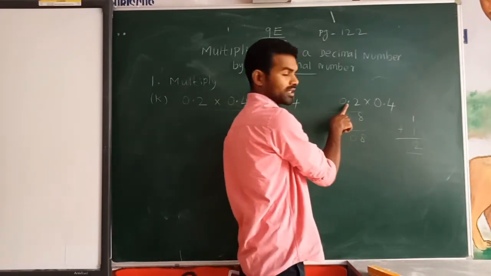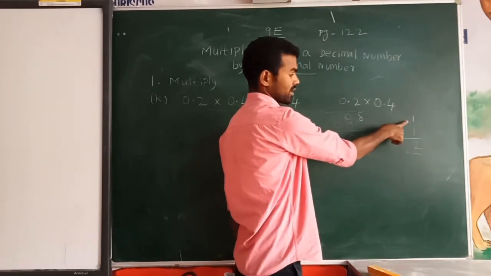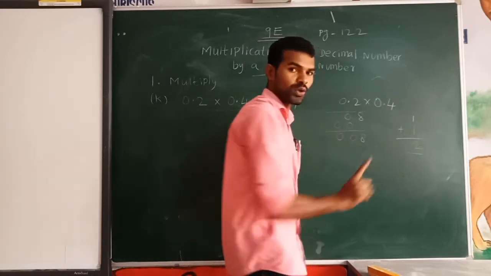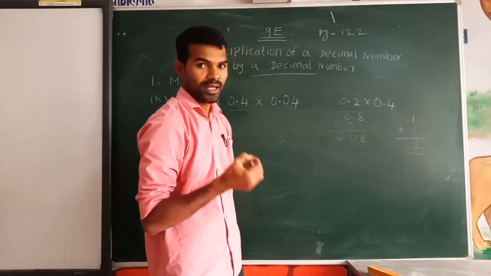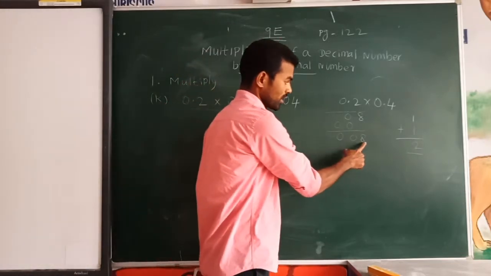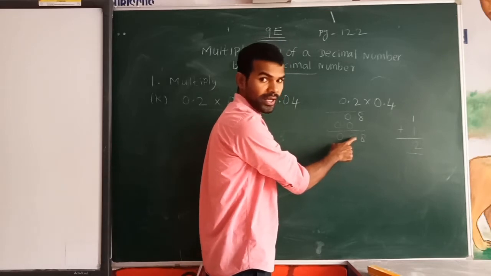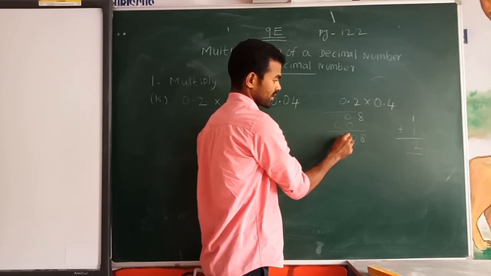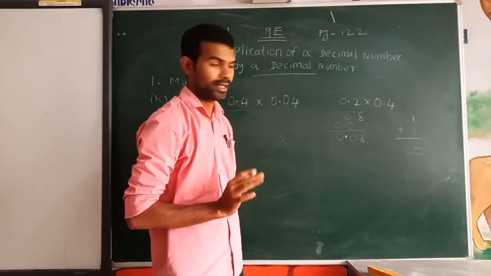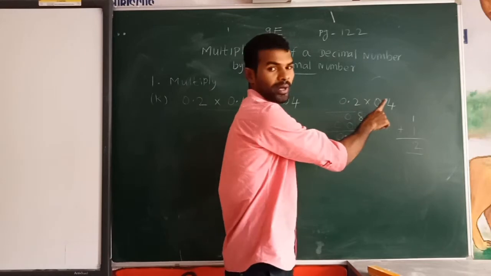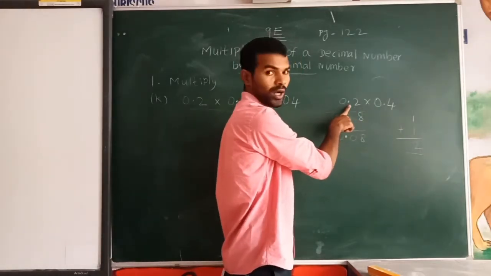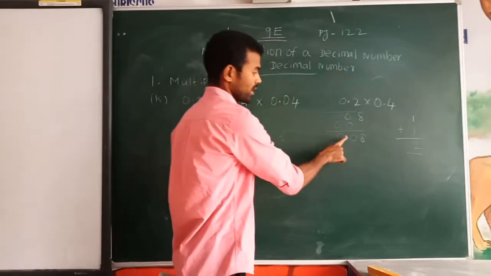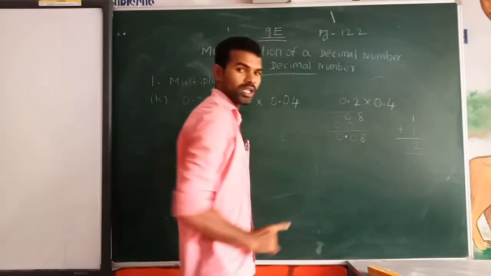In the product, we have to keep the point before the last two digits, 1, 2, point. This is the answer. 0.2 multiplied by 0.4 means 1 decimal place plus 1 decimal place, 2 decimal places.